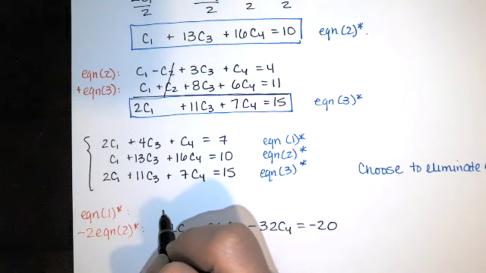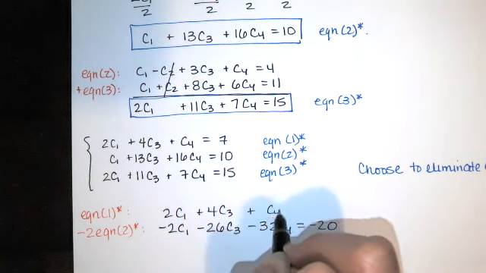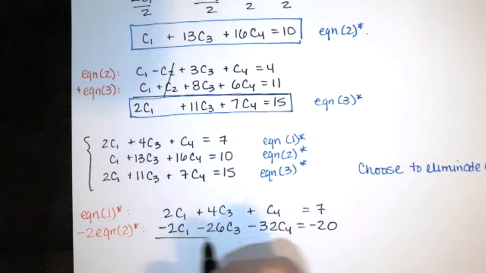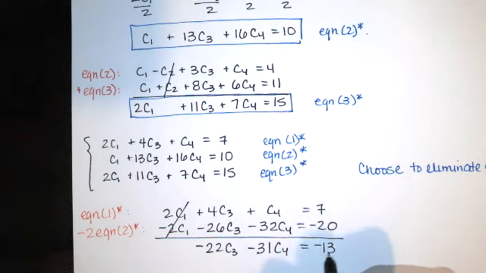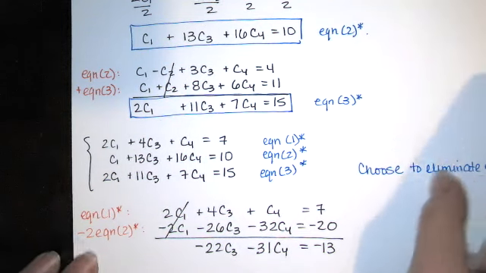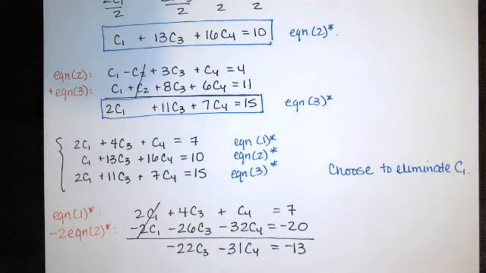And then equation 1 star was this. And then when we do that, we get this. It's not the prettiest equation I've ever seen, but it's okay. We got rid of the C1s, and now we have one equation involving C3 and C4.